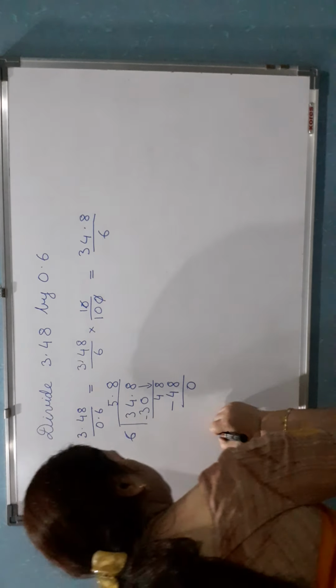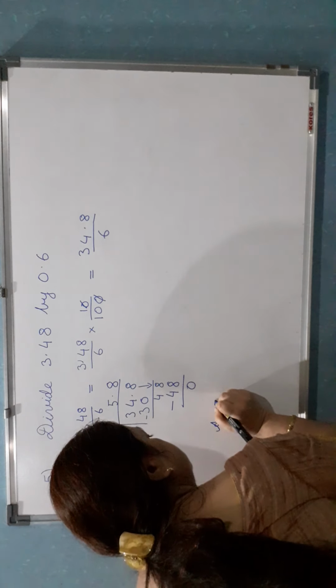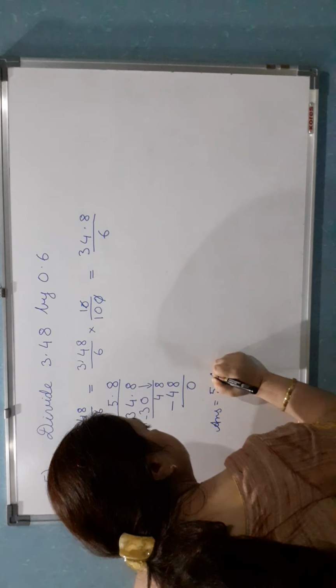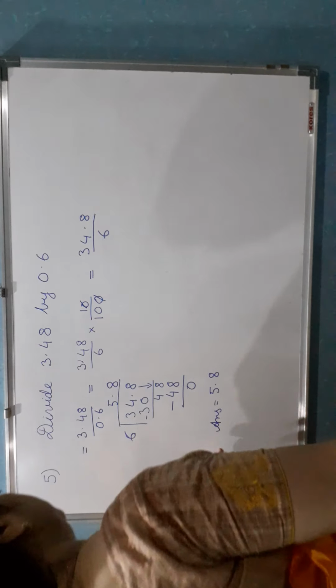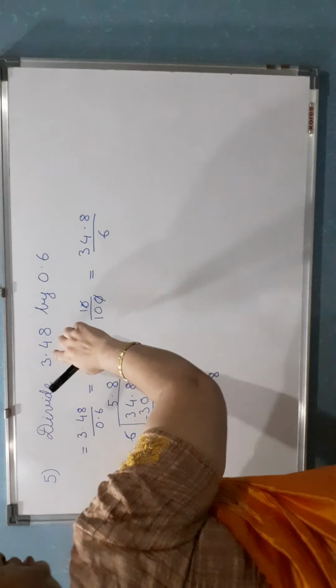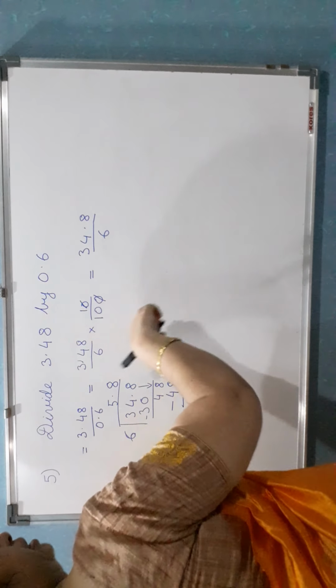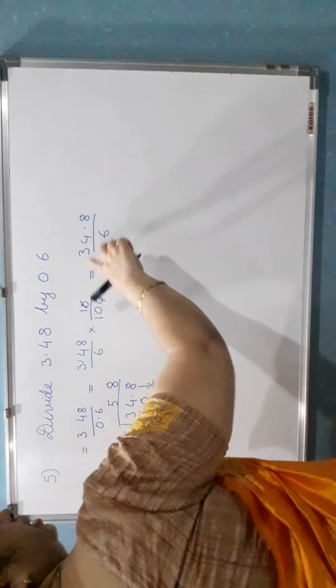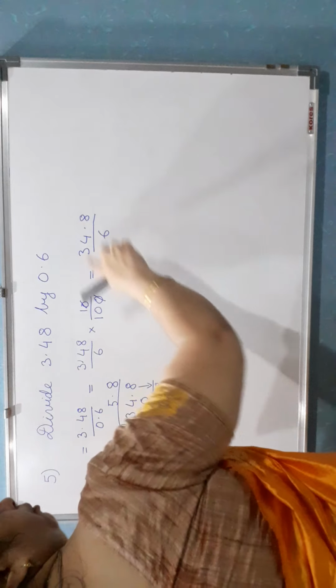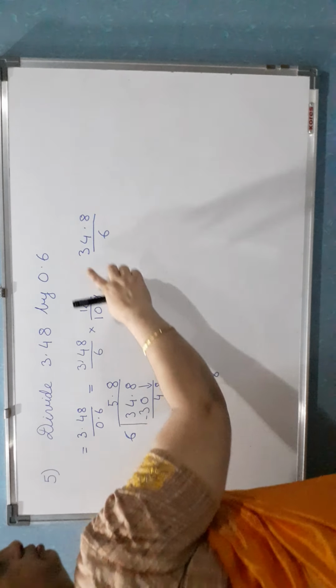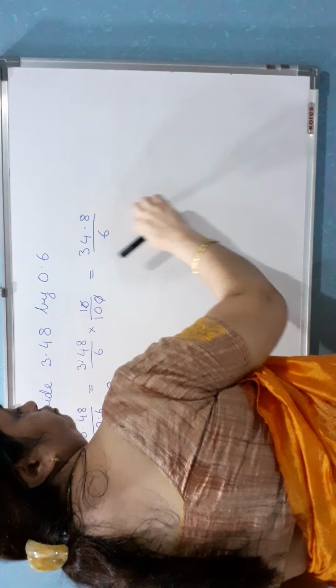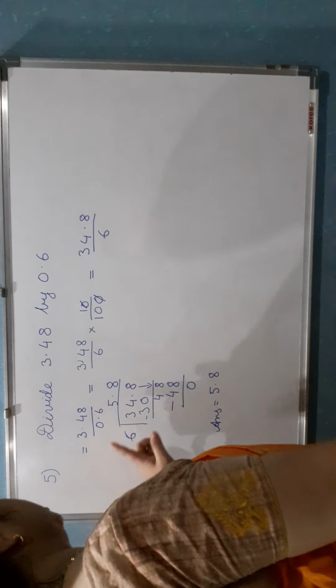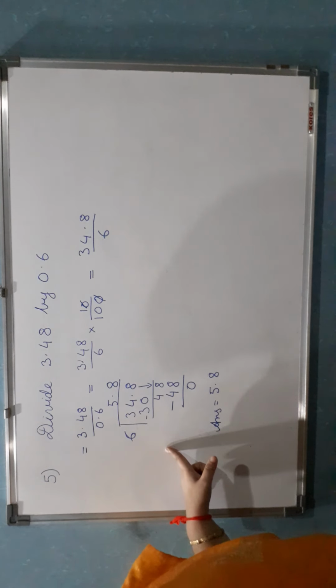So answer equal to 5.8. Okay, both the numbers have decimal points. You have to cancel both the decimal points, and ultimately you will get this 34.8 because here is 10. So you will get this one, and then divide it. It will be easy for you. Okay.